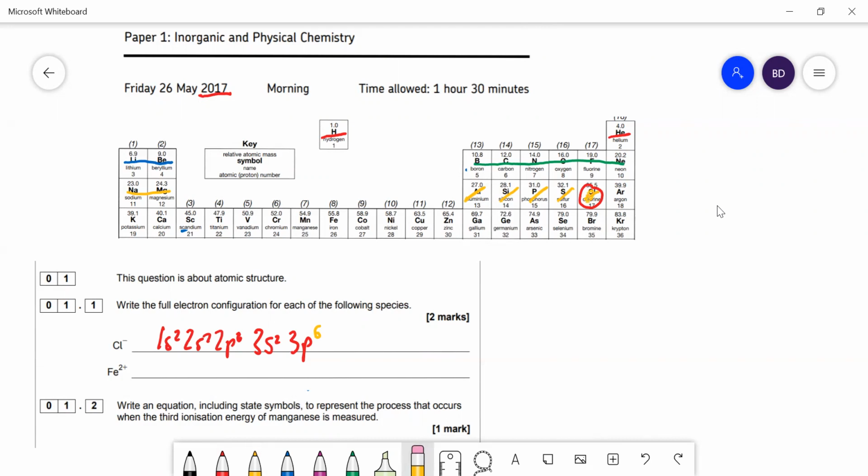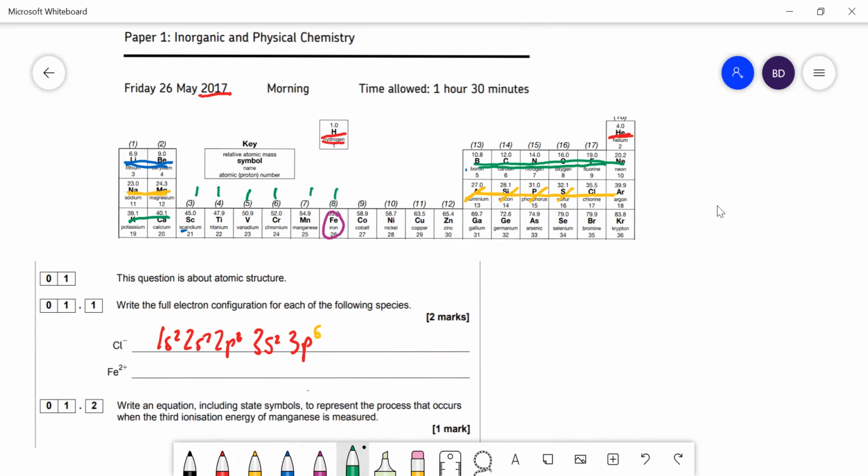Right, the Fe2+ ion. So iron is here in the periodic table, in the D block. Once again, we have a full 1s shell in red, a full 2s shell in blue, a full 2p shell in green, a full 3s, a full 3p, and then we start filling up 4s, and then we're going to have 1, 2, 3, 4, 5, 6 electrons in the D shell of the iron atom.